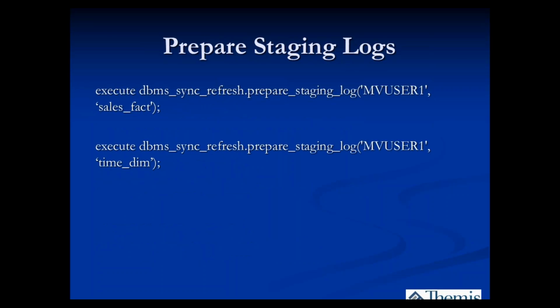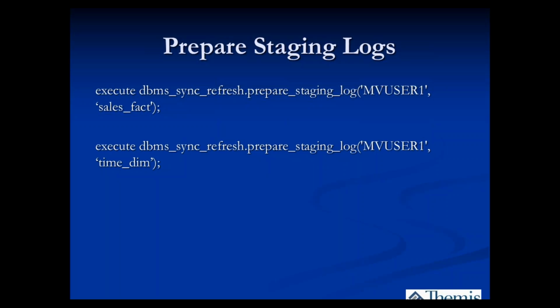So we have to do the prepare staging log first. We'll do it for each table that's getting changes, and for the materialized view, we'll see a little bit later on. We have to do the tables first. So we'll do it for the sales fact table, we'll do it for the time dimension table. We have to do it for the tables first, and then we can do the materialized views at that point.